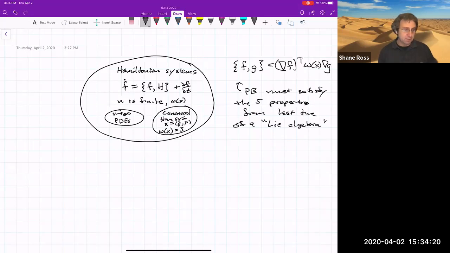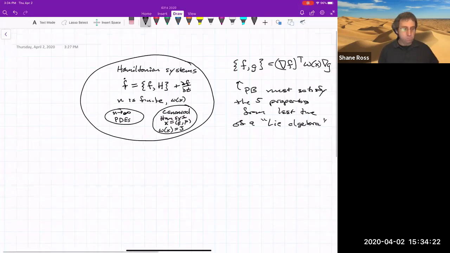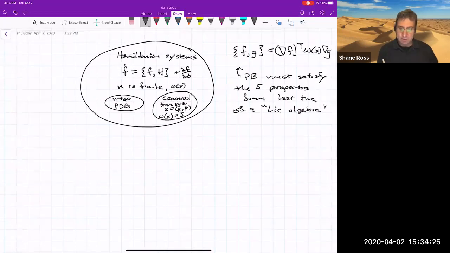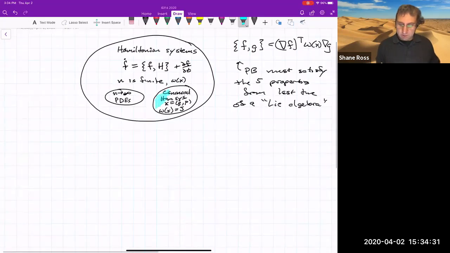Okay, so that's the setting that we're in. When you are in these systems where it's not canonical, so I guess everything outside of this blue region would be the non-canonical Hamiltonian systems.